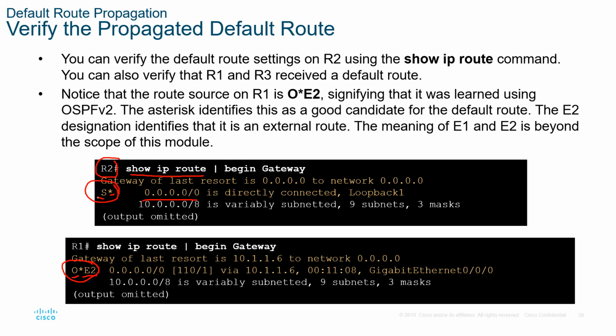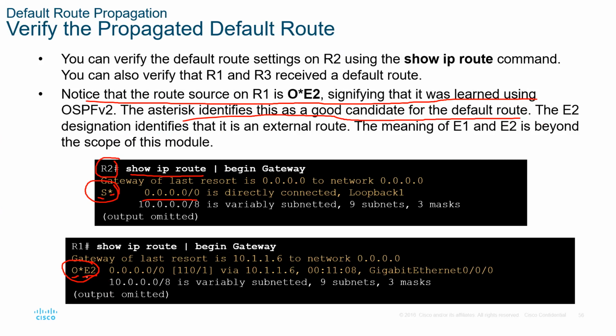So notice the route source on router 1 is O*E2, signifying that it was learned using OSPF version 2. The asterisk implies that it's a good candidate for a default route. Now, the E2 here identifies that this is an external route.